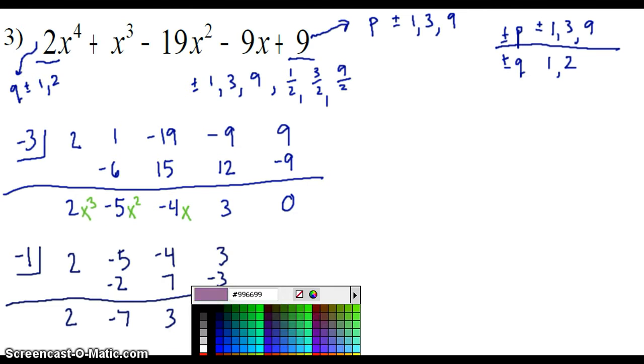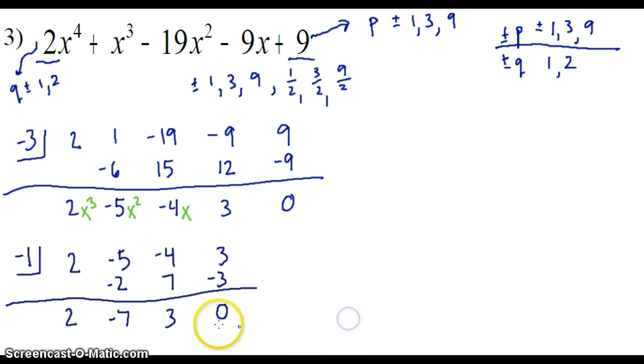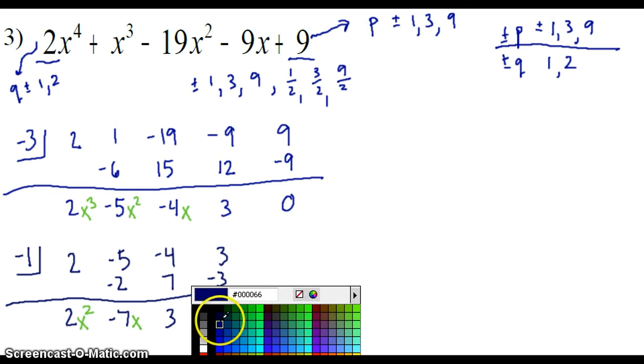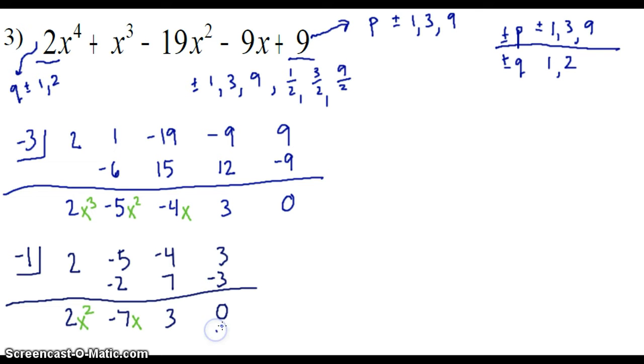So here we have my constant term, my x term, and my x squared. I'm getting down to a quadratic, and this is when we can stop doing synthetic division and see if it factors, or use the quadratic formula if it doesn't factor.